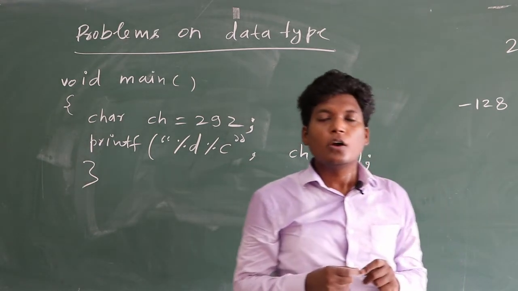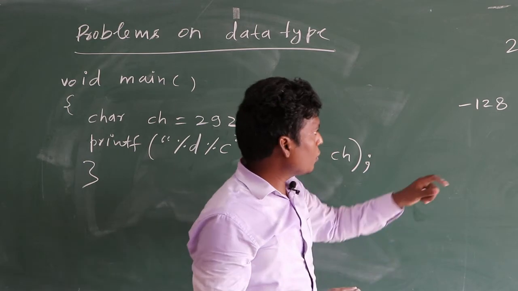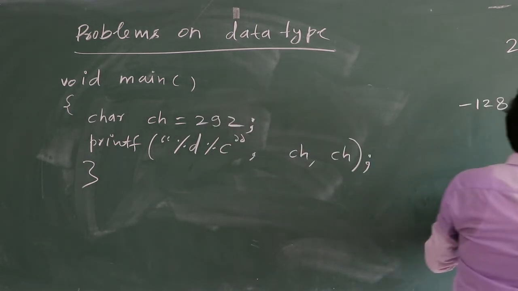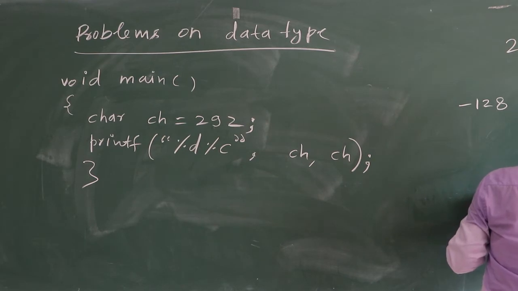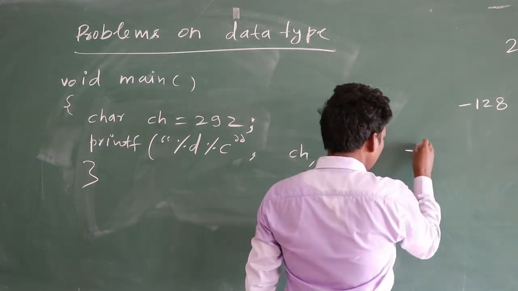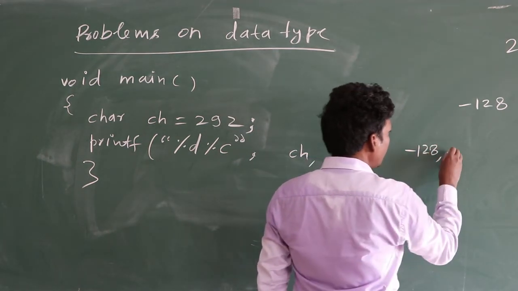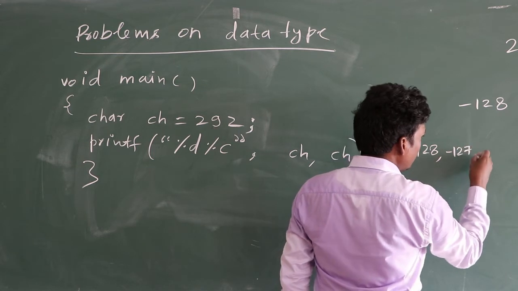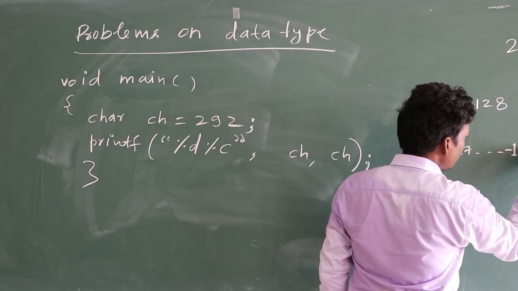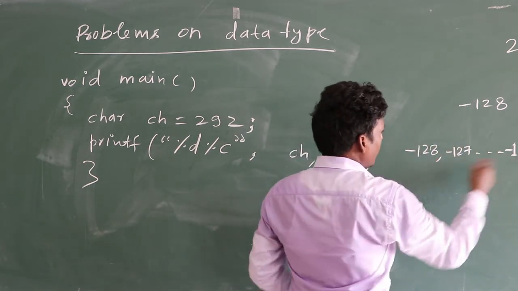When you attempt 127 plus, then control goes to the -128 side. So when you increment +127 plus 1, the value will be -128. Again when you increment, the value will be -127 ... -1, then 0.